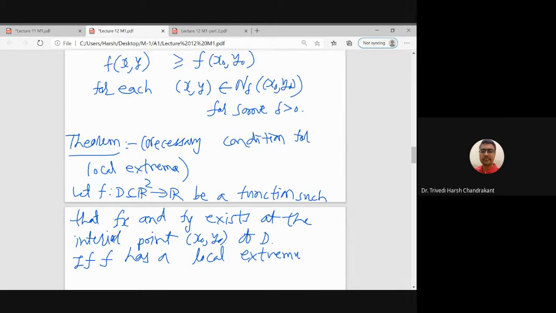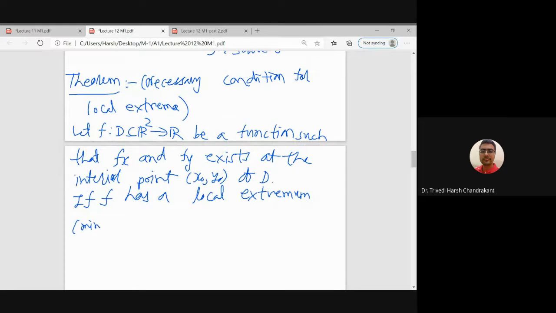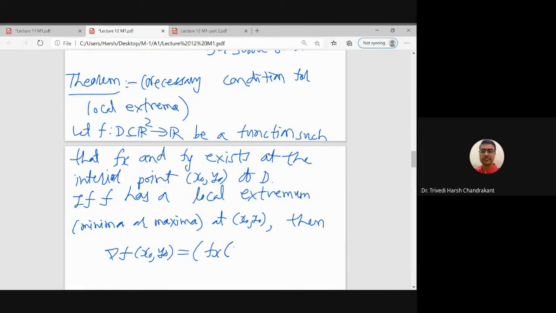Extremum is either minima or maxima. So if you have a local maxima or local minima at the point x naught, y naught, then what we get is the gradient becomes zero at that point. So that is nothing but the derivative is zero, right? That kind of condition.